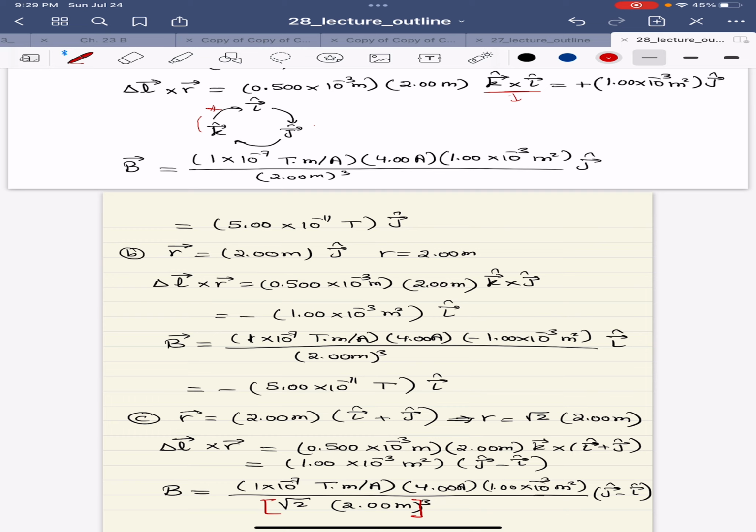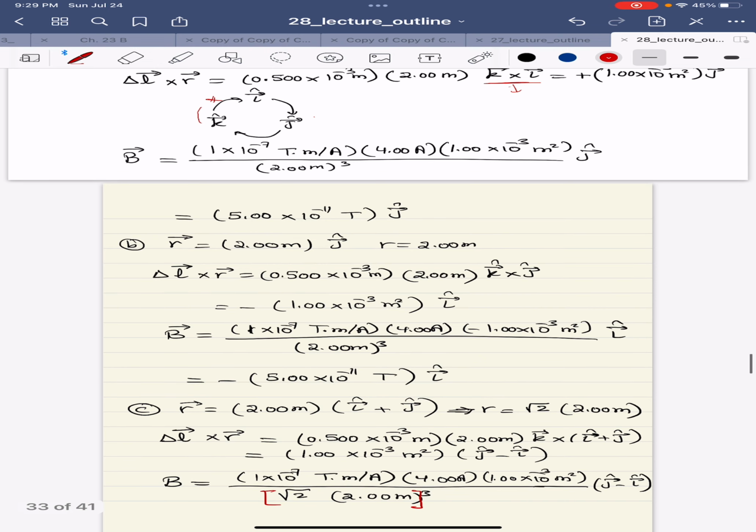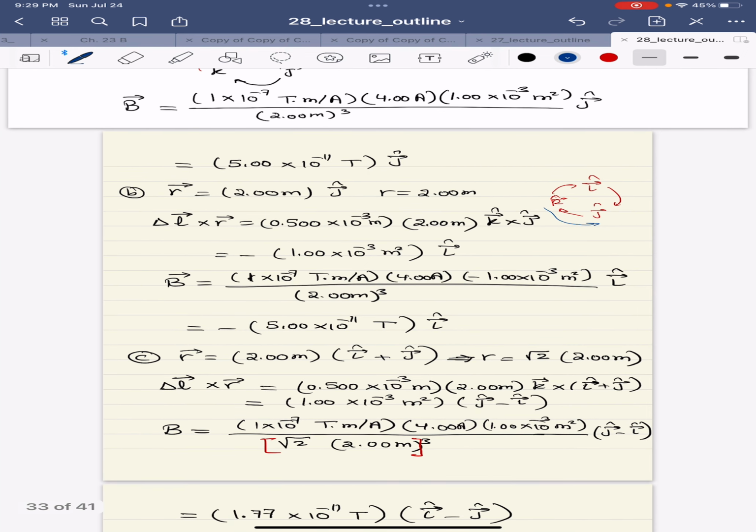If you look again, k cross j, you're going to go in the opposite direction here: i, j, k. If we go against the direction, then it's going to give us negative i. Again, I completed the calculation, and I have here negative 5 times 10 to the negative 11 Tesla times i.